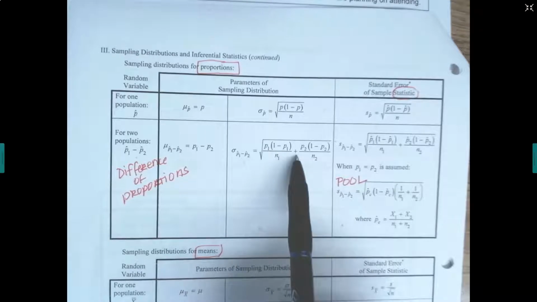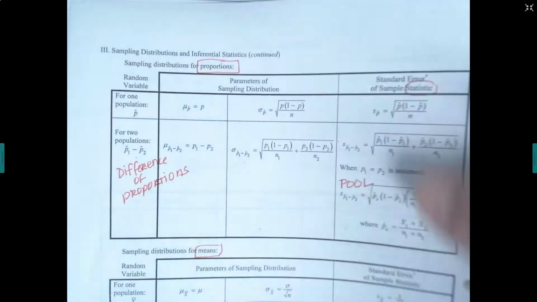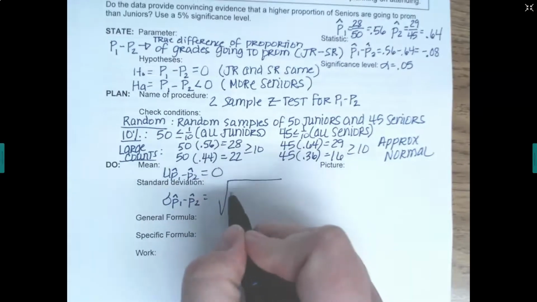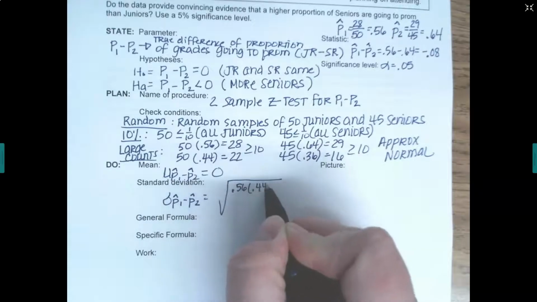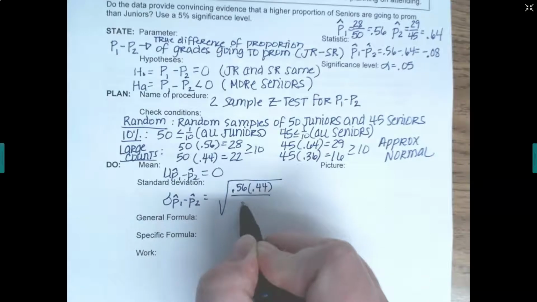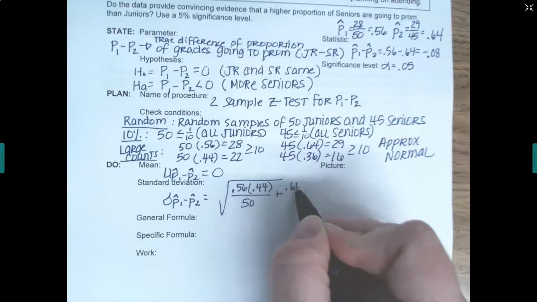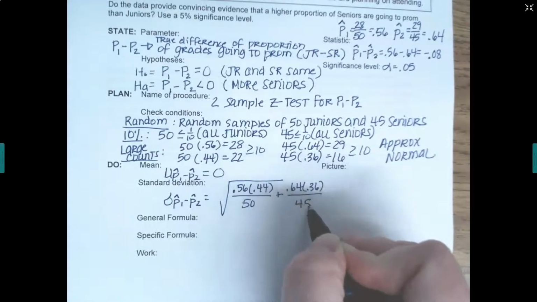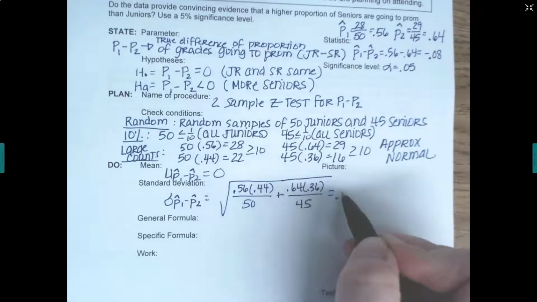Remember, you're adding the variances even though we're looking for a difference in proportions. So we're going to plug in our values: the juniors' proportion times their failure divided by their sample size, plus the seniors' proportion times their failure divided by their sample size. And when I calculated that all the way out, I got 0.10.